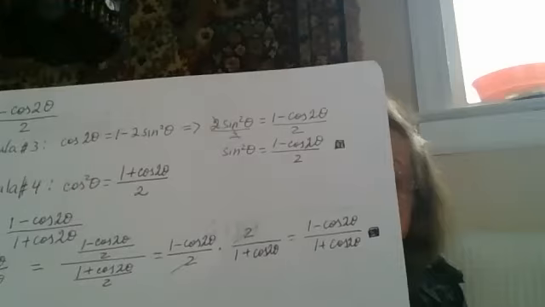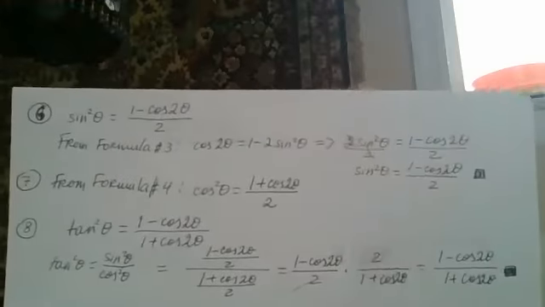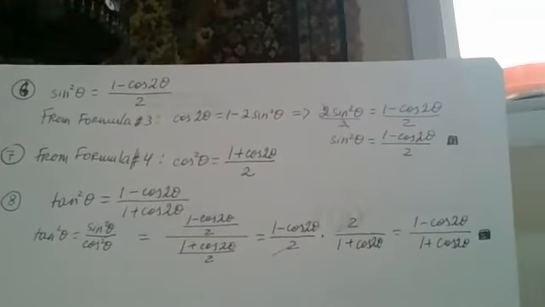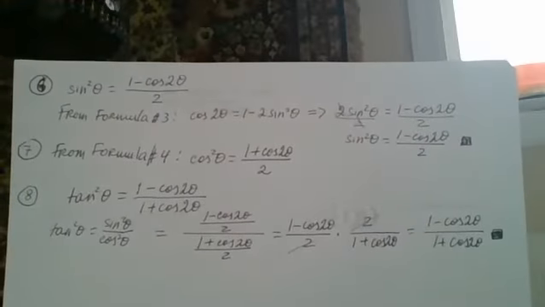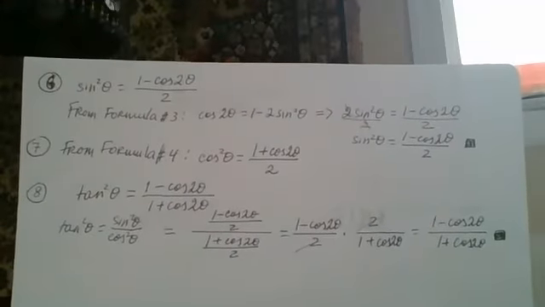We cancel 2's, and we are getting 1 minus cosine of 2 theta over 1 plus cosine of 2 theta. Voila, this is what we have. We proved that formula. Is it okay? Yeah.